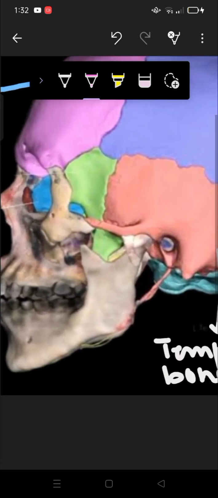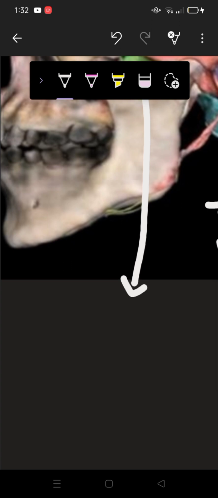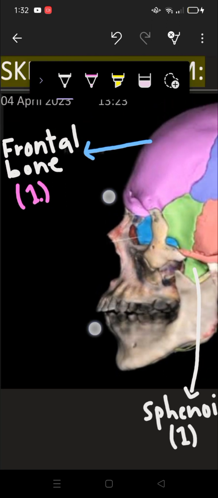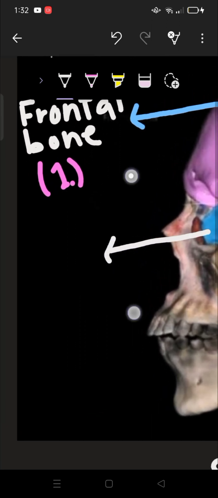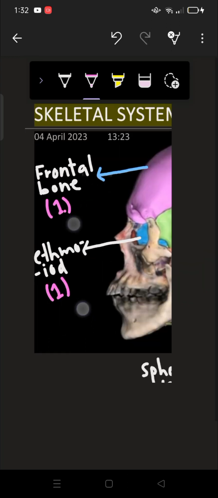Then, as you can see, this green bone is what we call the sphenoid, and that is 1 in number. Then we have the last bone, which is the blue bone. As you can see from the eyes, that is the ethmoid, and that is 1 in number. Wait, let me write that with pink color.